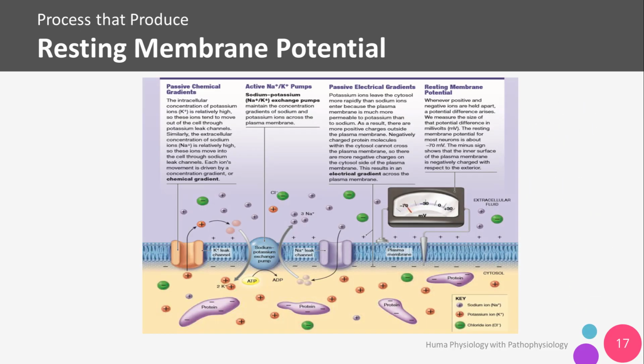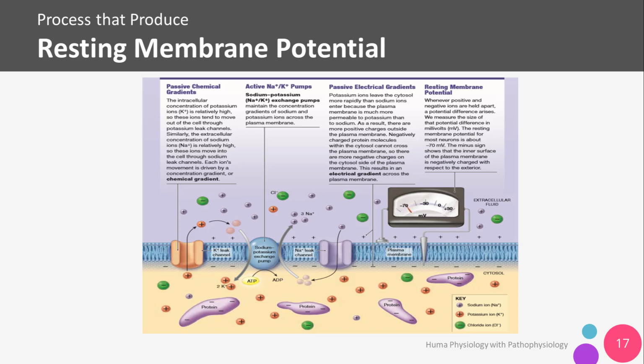In this figure, we can see the cell membrane and we also have protein channels. Here, you can see a potassium leak channel and a sodium leak channel. You can also see ions floating around, and you can observe that there is quite a bit of potassium on the inside of the cell, but not very much outside of the cell. So the potassium leak channel is also known as a passive channel.